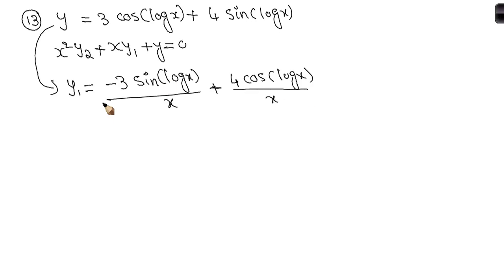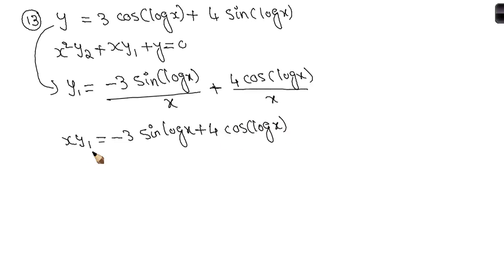I can take x to this side, so xy1 is equal to minus 3 times sine of log x plus 4 times cos of log x.